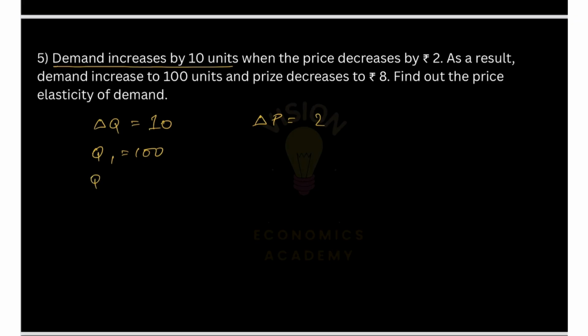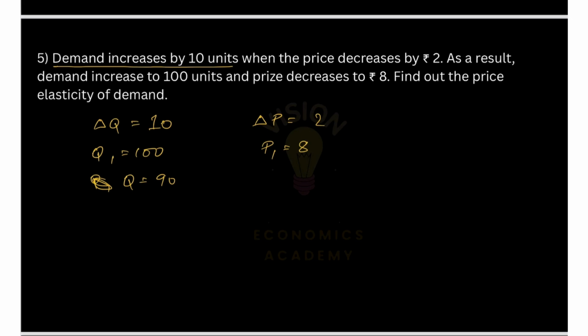That means the earlier quantity demanded was 90, right? And the change in the price is 2. The price has decreased to 8. So that means P1 is 8.